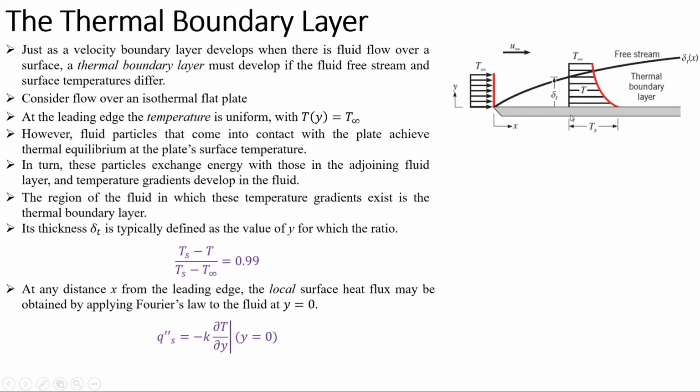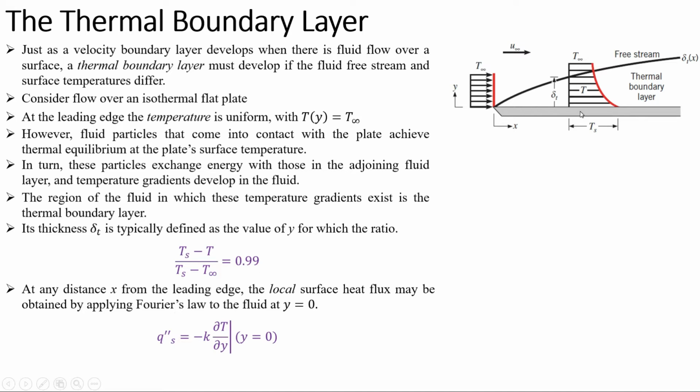Now carefully look, that heat flux will be transferred to the adjacent layer of the fluid. For example, this one is the surface layer of the fluid which is in contact with the surface, this one is the second layer, this one is the third layer, fourth, fifth, sixth, and so on. So the heat flux which passed into the first layer will then transfer to the adjacent layer.